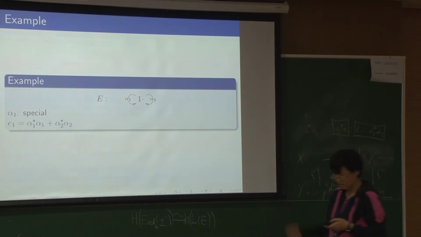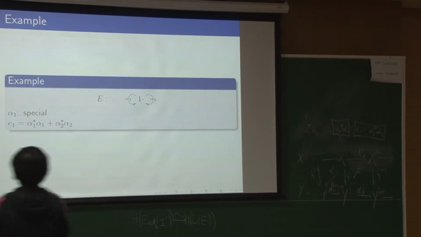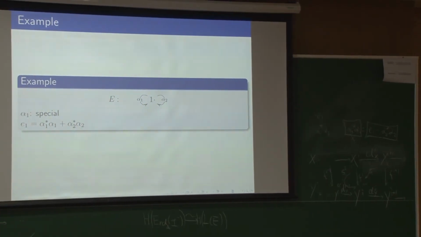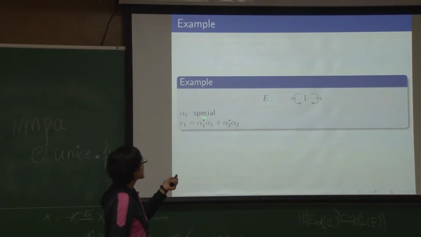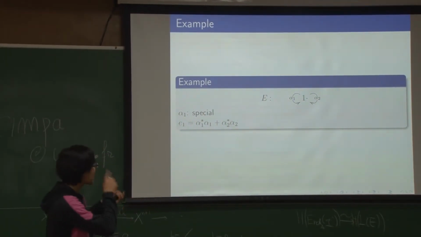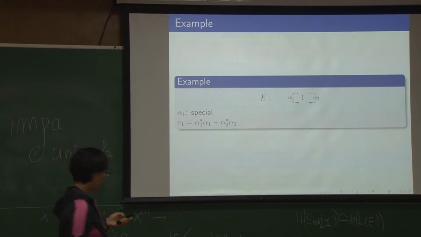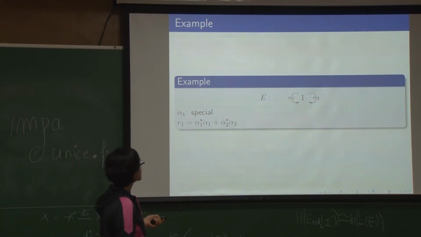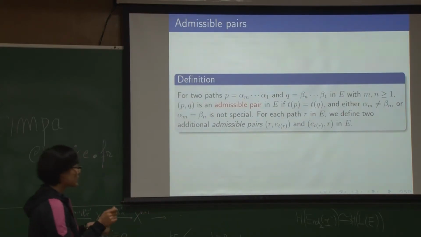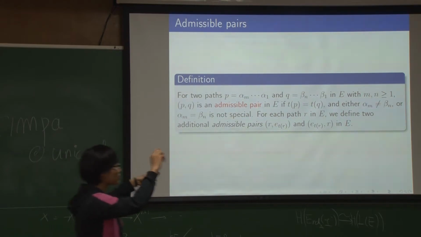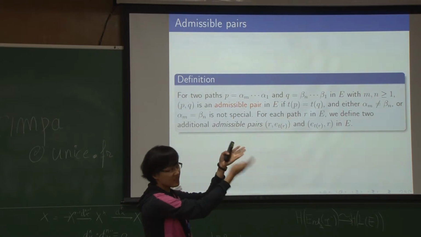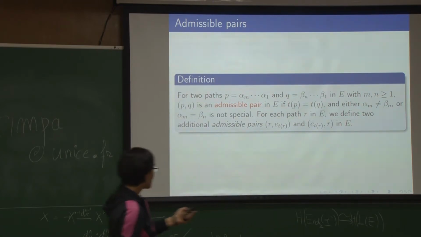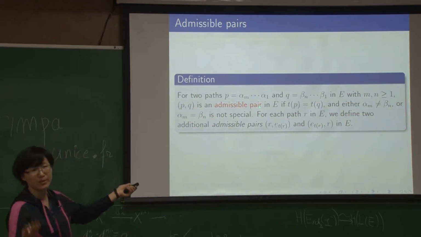So I just try to give a feeling about why these elements are not basis elements. What I want to do is pick those pairs (p, q) such that p^* q are basis elements. I call these pairs admissible pairs.